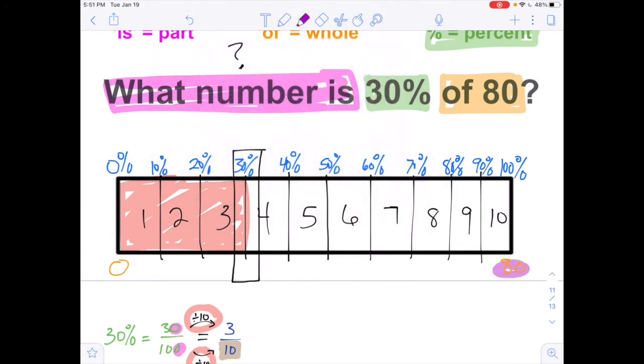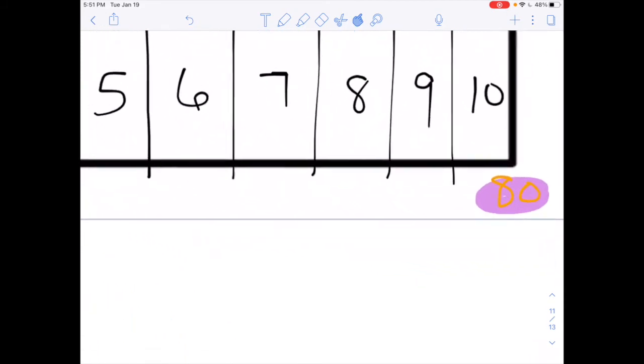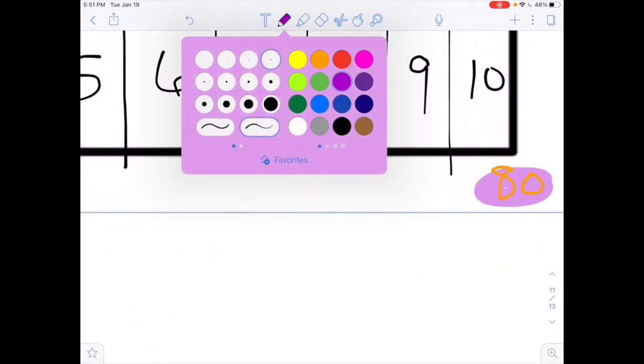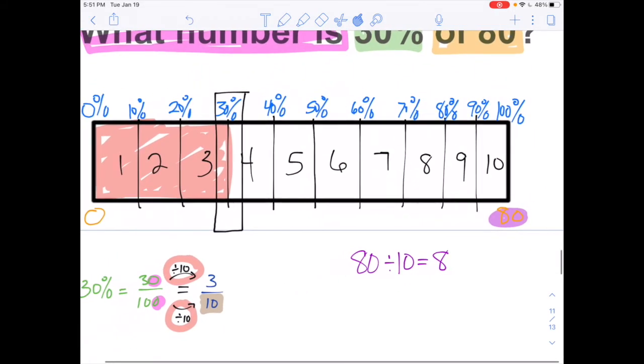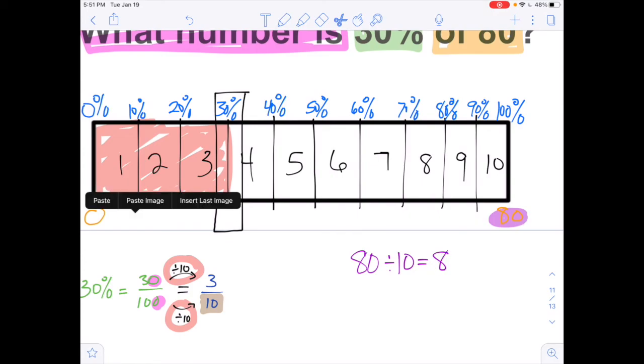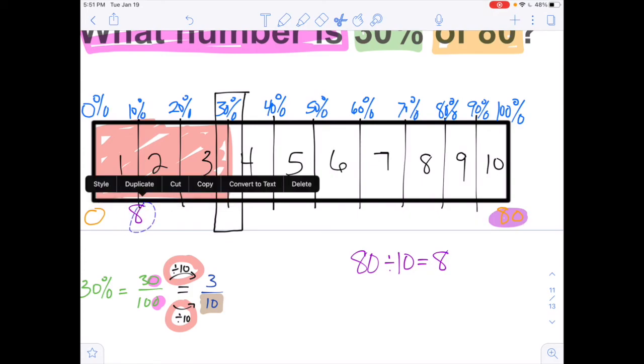The number on the bottom was 80, and we cut the whole bar into 10. So I'm going to write 80 got split into 10 equal parts. I know there are 8 10s in 80, so that means I should be counting by 8 on the bottom.